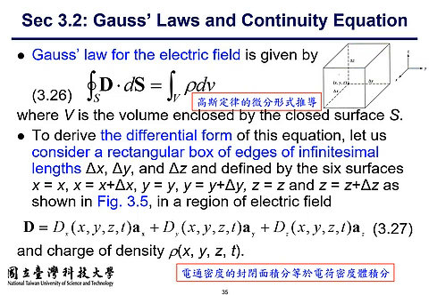So, similar to the comparison of the integral form, you see the first two equations involve closed loop integral of electric and magnetic field, while the third and fourth equations involve closed surface integral of electric and magnetic field.